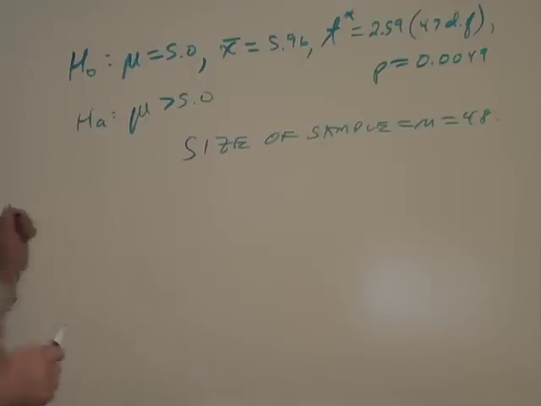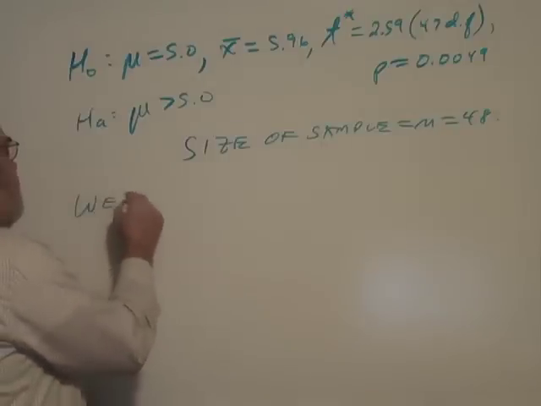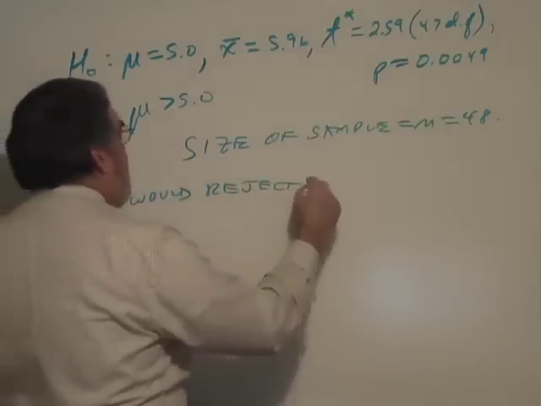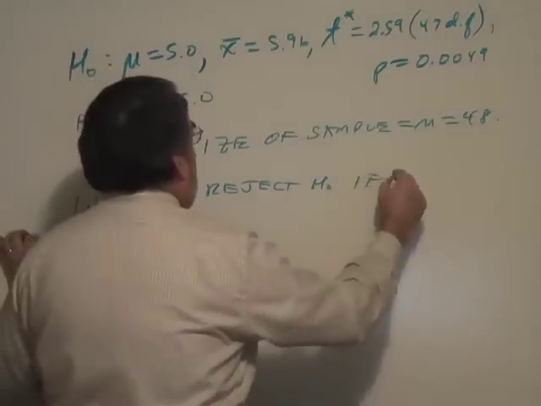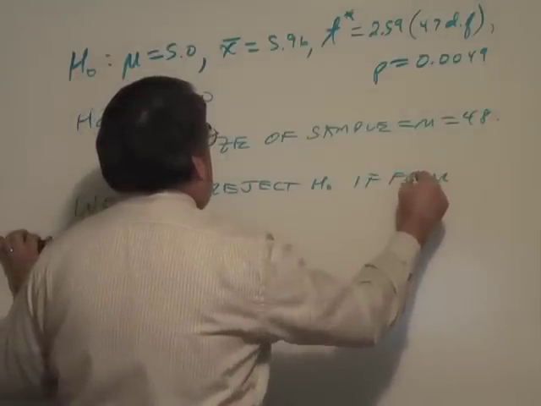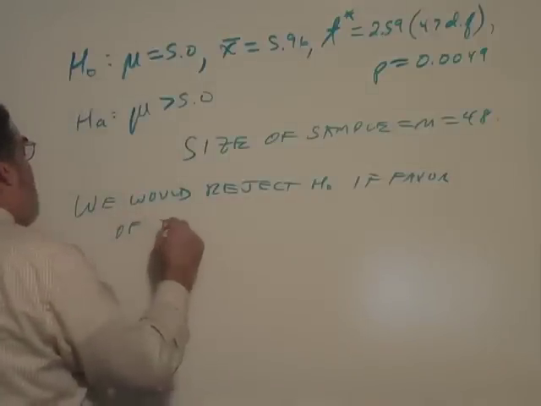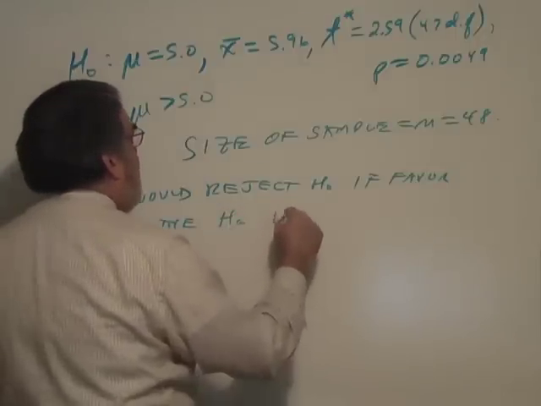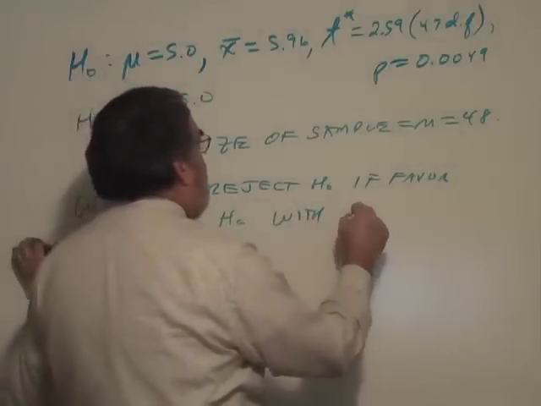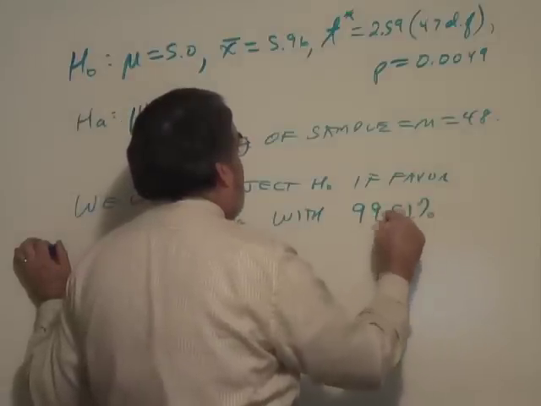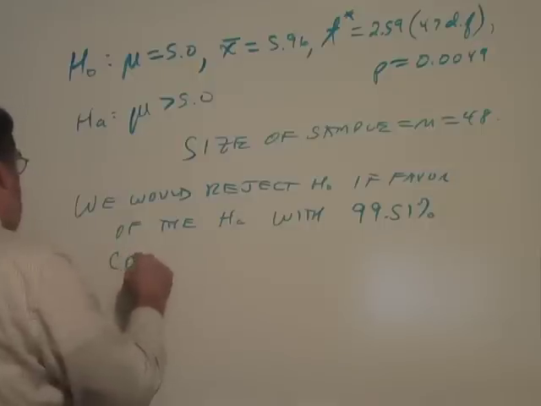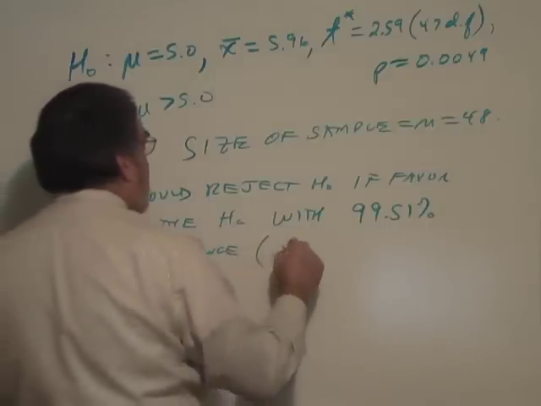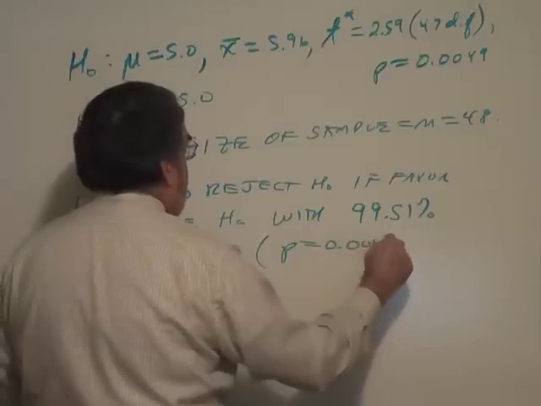So we would reject the null hypothesis in favor of the alternative with 99.51% confidence. And just for good measure, let's add in that p was equal to 0.0049.